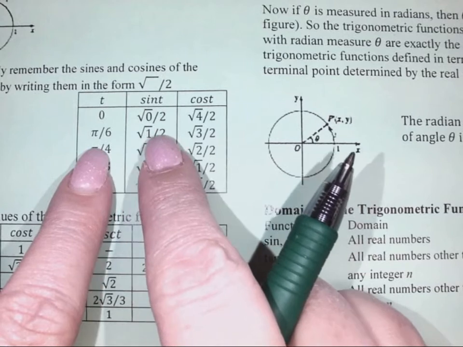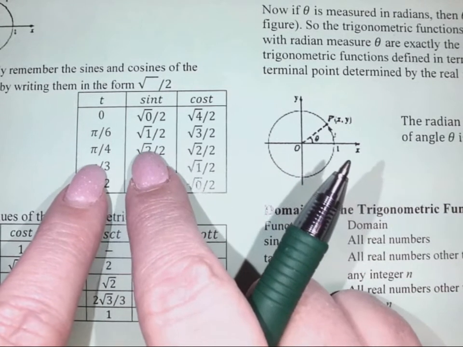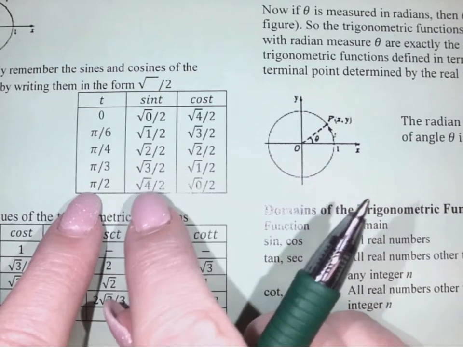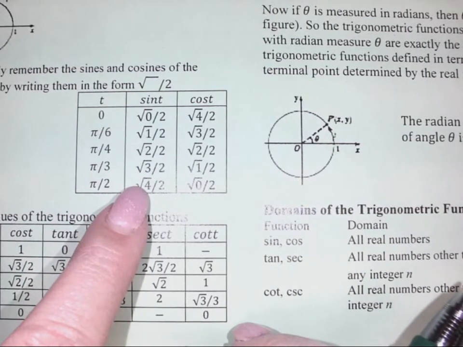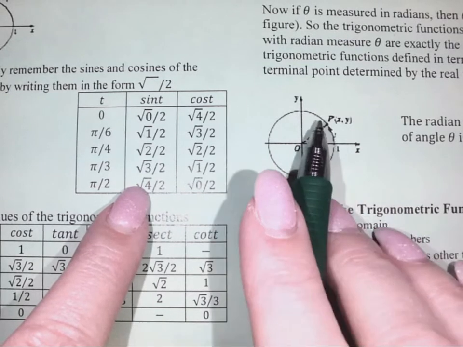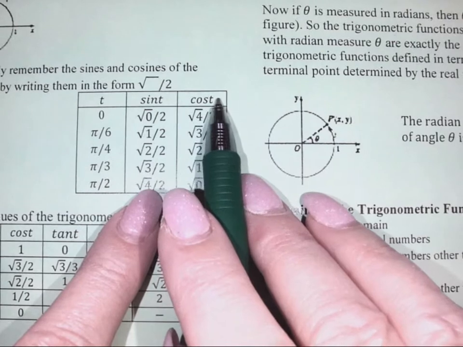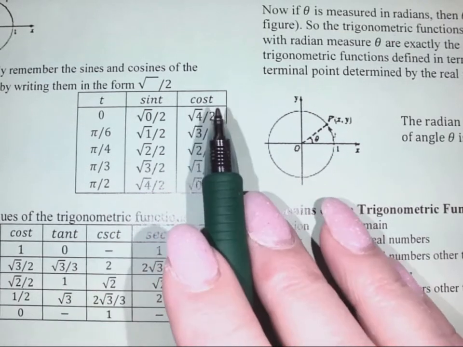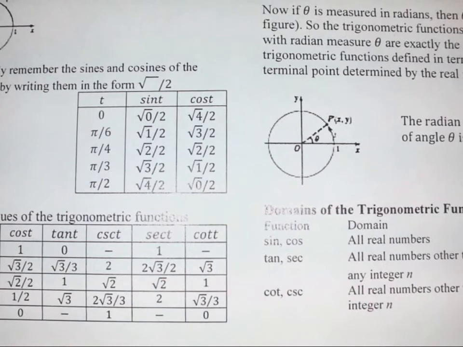Pi over 6 is square root of 1 over 2. We talked a little bit about this last time. Square root of 2 over 2, square root of 3 over 2, square root of 4 over 2, where square root of 4 is 2. 2 over 2 gets you the 1 that's at your y-intercept. And then for cosine, it starts out at square root of 4 over 2, square root of 3, square root of 2, square root of 1, and square root of 0 over 2.